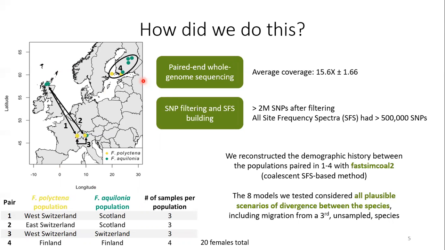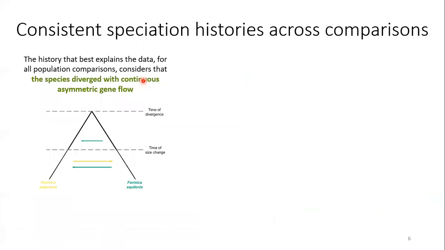We reconstructed the demographic history of the 4 population pairs with fastsimcoal2, which is a coalescent SFS-based method, meaning that it tracks the ancestry of lineages backwards in time until the most recent common ancestor is found. We tested 8 models that considered all plausible scenarios of divergence between these species, including the possibility of introgression from an unsampled species.